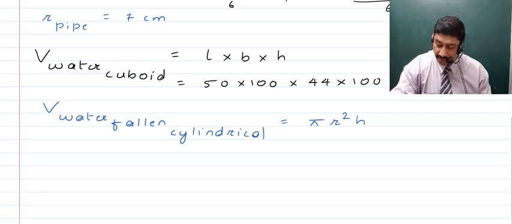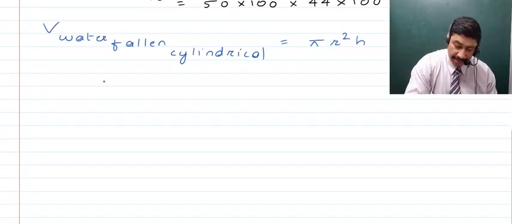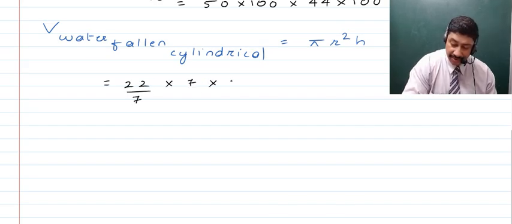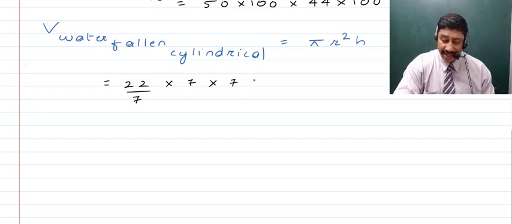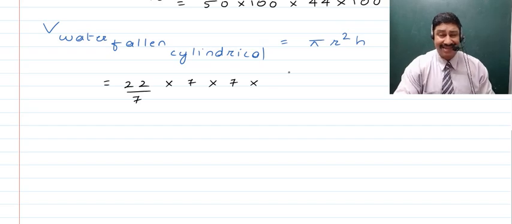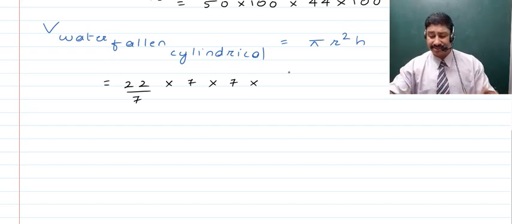And here, children, we will substitute the values. So we have here pi, which obviously can be written as 22 upon 7 into r square, as r was 7, remember the diameter was given to you as 14, so you will have into r, and further you will multiply this with the height, which is actually the length of water which has fallen off in a single second.